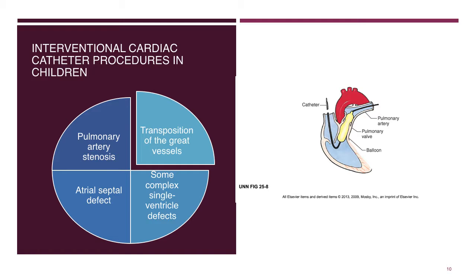And you might say, well, why are we doing that? Well, in these cases, the transposition, the complex single ventricle defects, you need blood mixing until they can do a repair on this child. And we don't want the ductus arteriosus to close up. And so in order for this child to grow and get a little bit bigger, we need that mixing to take place at the level of the atrium.